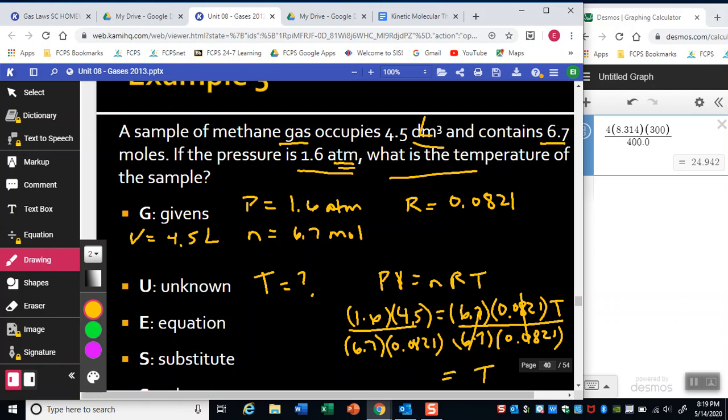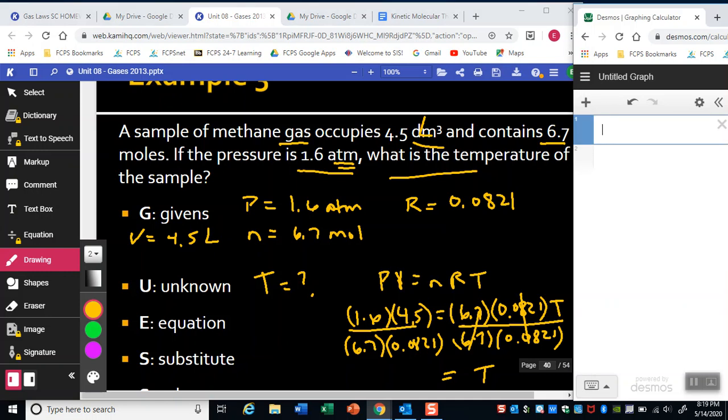Now I'm going to make my fraction, hit divided by, and then I've got 1.6 times 4.5 in my numerator, and my denominator is 6.7 times 0.0821.